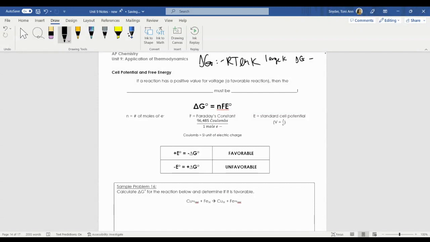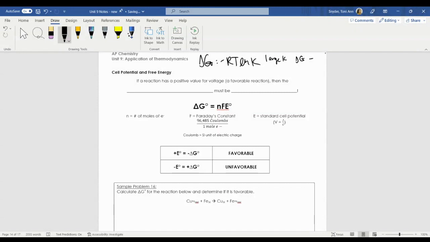If we have a positive value for cell potential, if I'm producing energy, producing electricity, that must mean that this reaction favors the forward direction. So that also means that free energy must be negative when I have a positive cell potential. It's all starting to come together, and this is why this unit is so important: it really starts to wrap up any loose ends we might have had and shows how all this stuff is interconnected with one another.